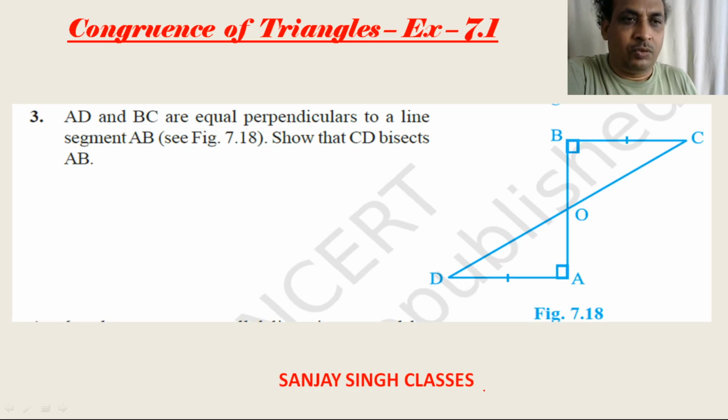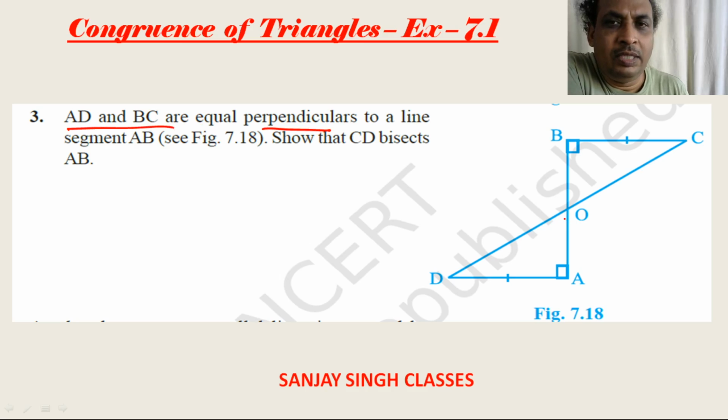Now in question number 3, we are given AD and BC are equal perpendiculars. Which one? AD and BC. So these are equal perpendiculars on AB, so that CD bisects AB.